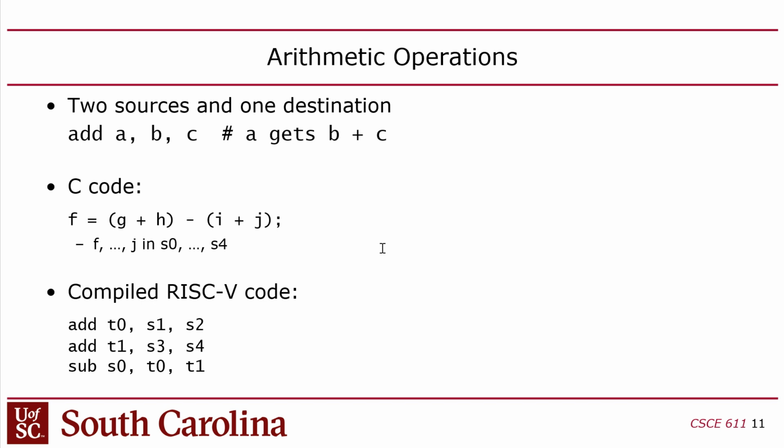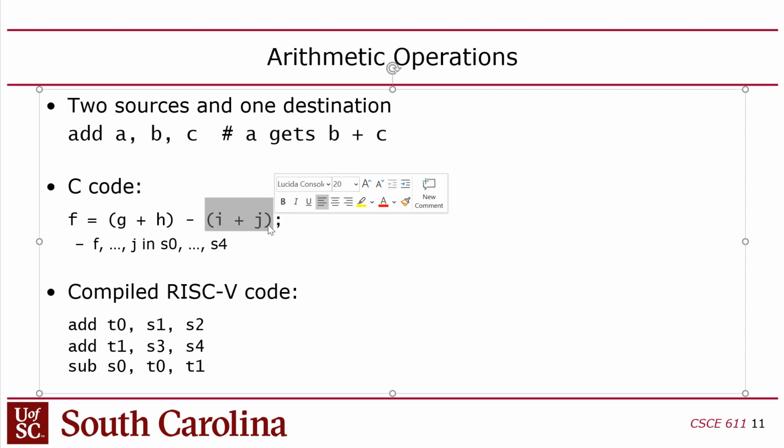Since arithmetic instructions only perform 1 operation each, when you have a complex mathematical operation like the one shown here that has 3 operators and 4 input values and 1 output value, this is going to require 3 arithmetic instructions to perform with the values that are in the 2 sub-expressions, which would be g plus h and i plus j.